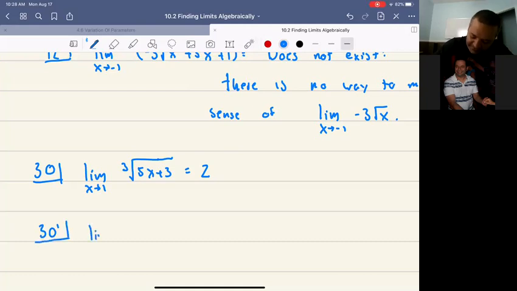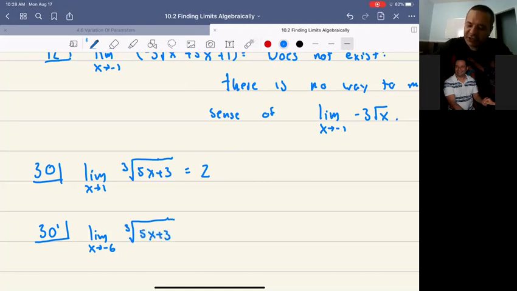Let's take the limit as x approaches negative 6 of the cube root of 5x plus 3.